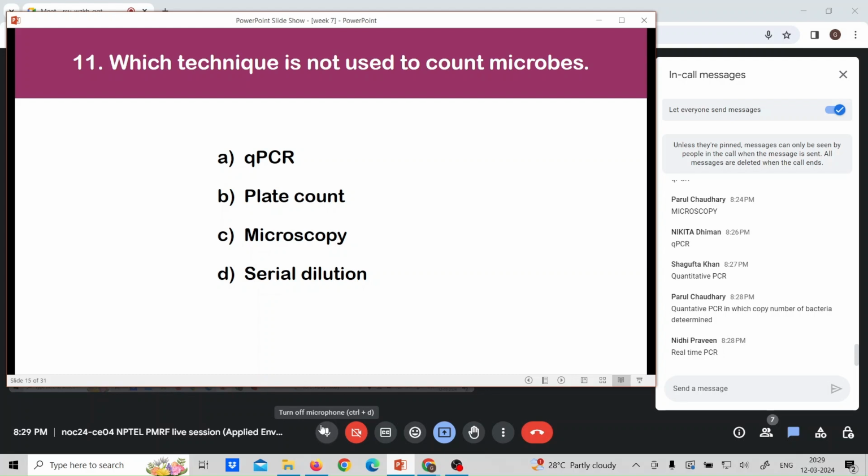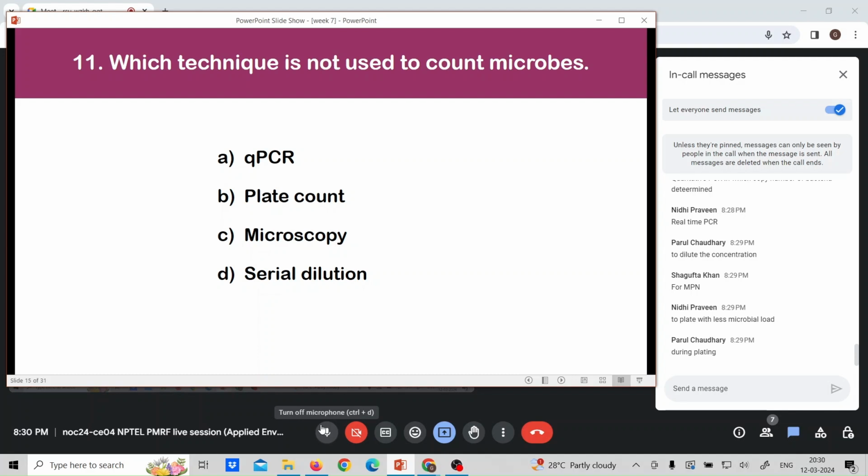Why do we do a serial dilution? To dilute the concentration, to plate with less microbial load, and we use it during plating.